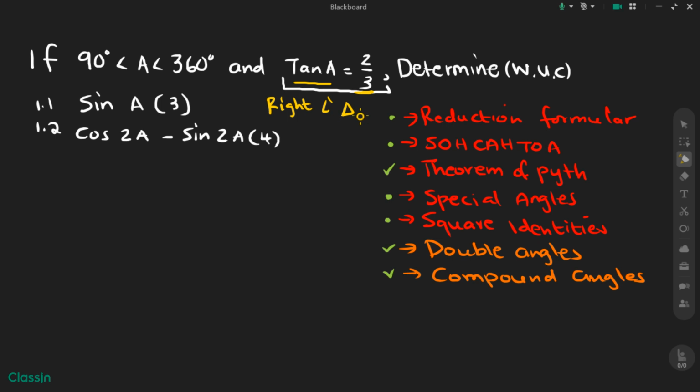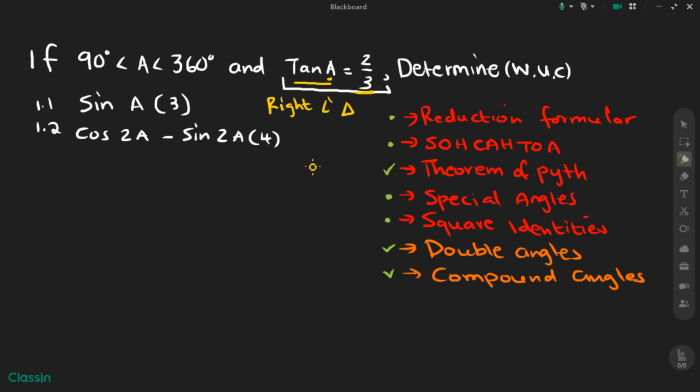Draw a right angle triangle with angle A. The side far from A will be 2, and the side that is closer to A will be 3.